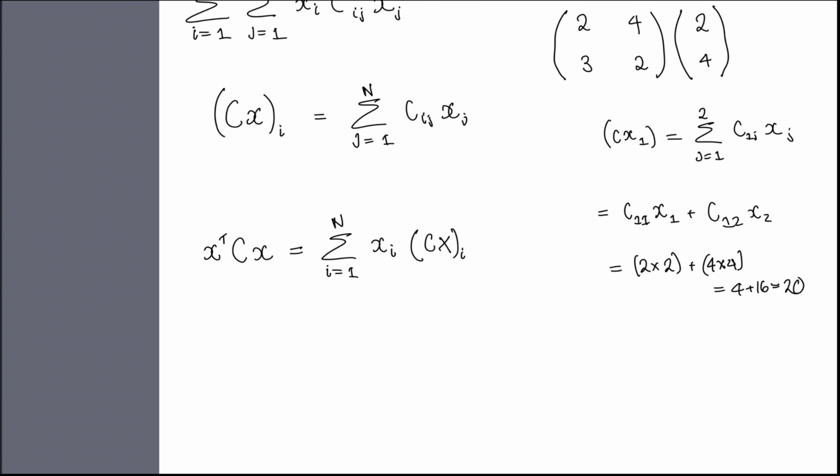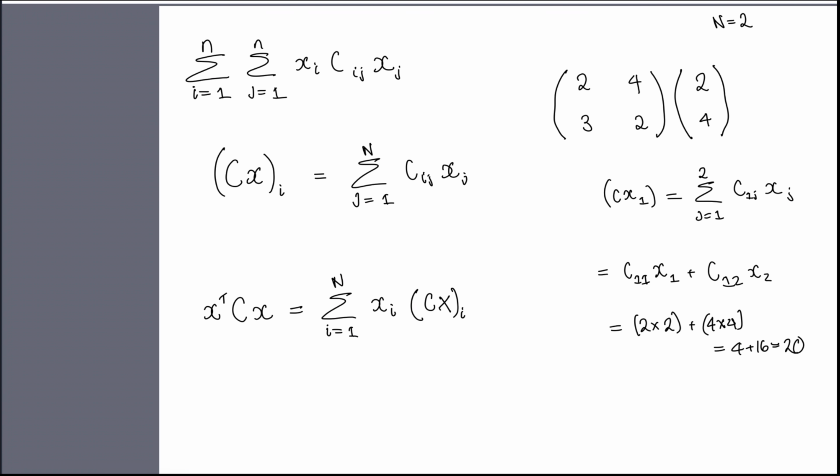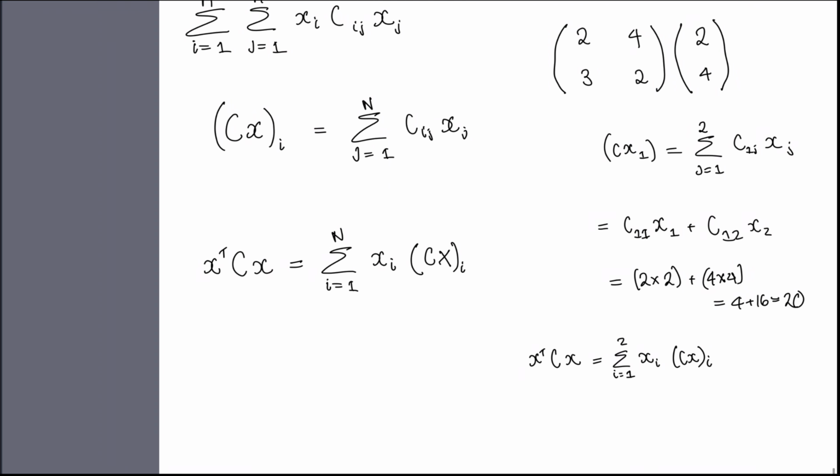So once again, just using this same example, we are now saying that we're getting the sum, i equal to 1 to 2, of xi and then (Cx)i, and that is equal to x transpose C and then x.